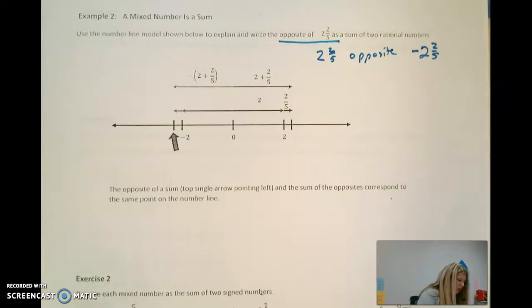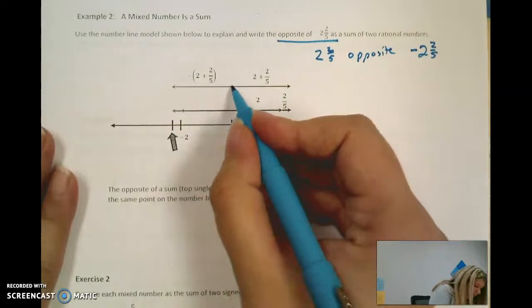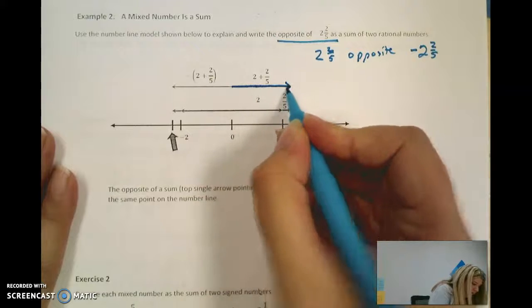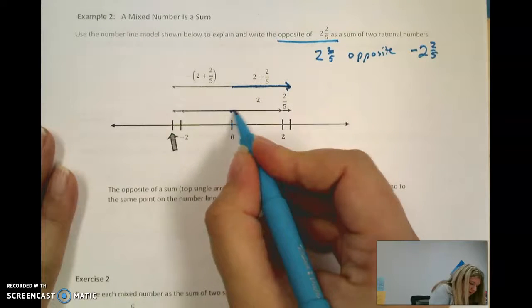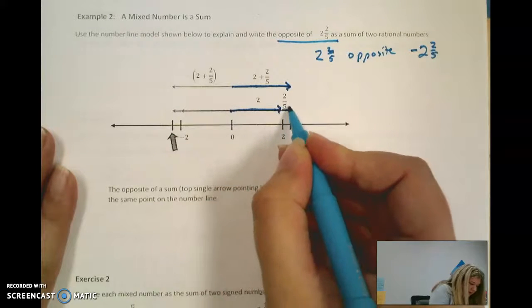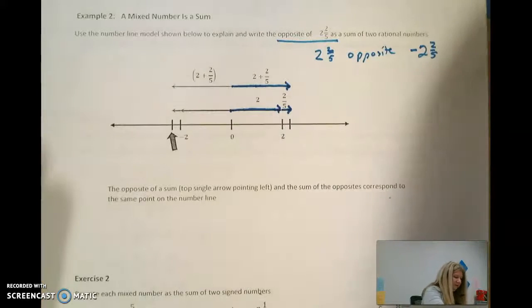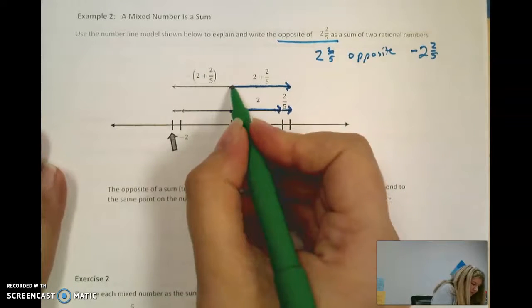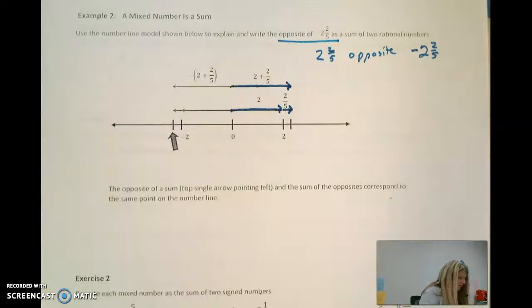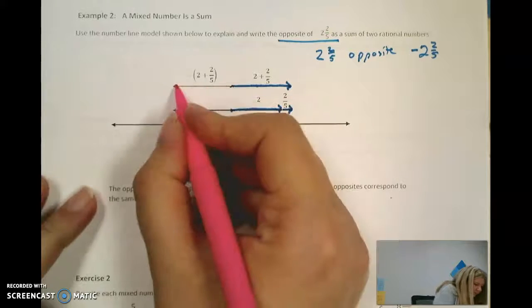Okay, so hold up. What is happening here? We have 2 plus 2/5. So 2 and 2/5. Okay, so the opposite of that is a vastly different color. Hot pink, yeah.